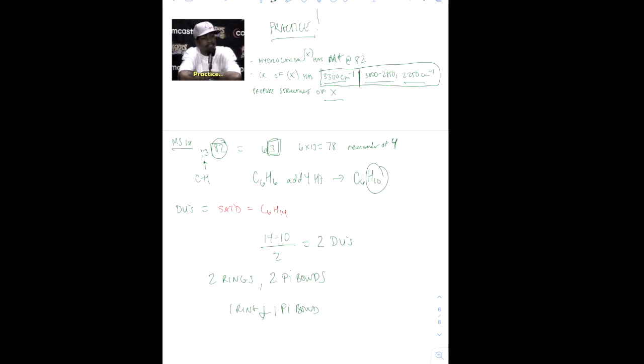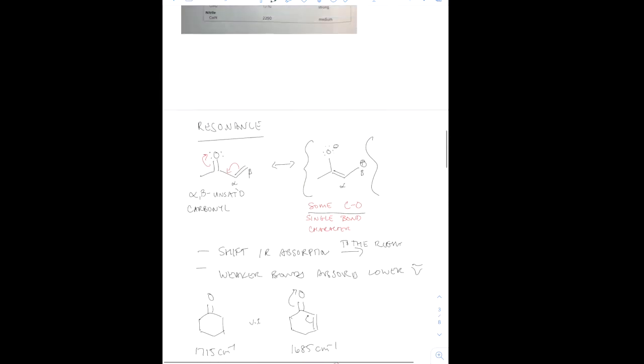So let's look at all of them, right? 3300, let's look at that first. If we look at the chart above, we have something at 3300 right here. Now you do have some other stuff around 3300, but the question was very specific. It said 3300, and that was it. There wasn't a range like for this one or this one.